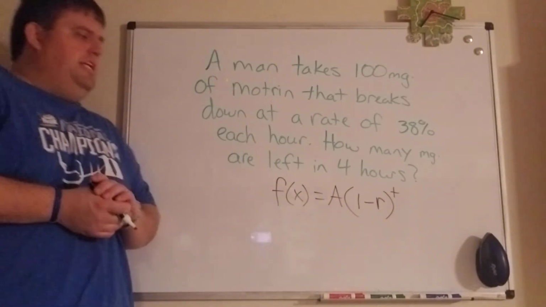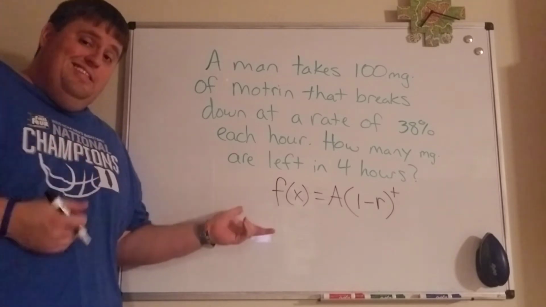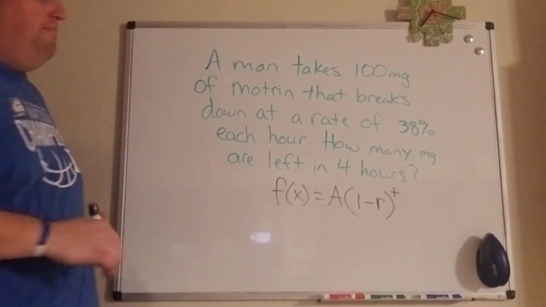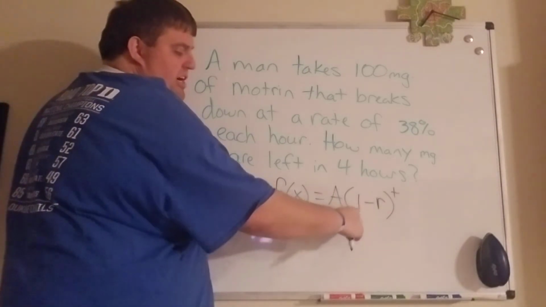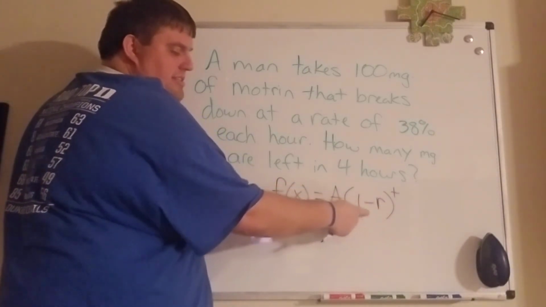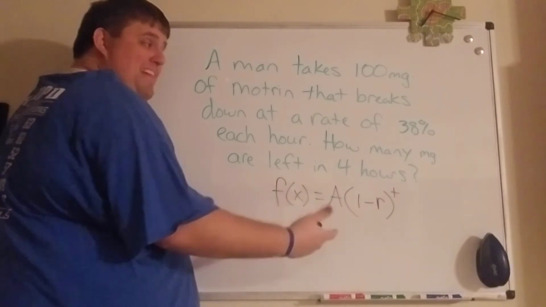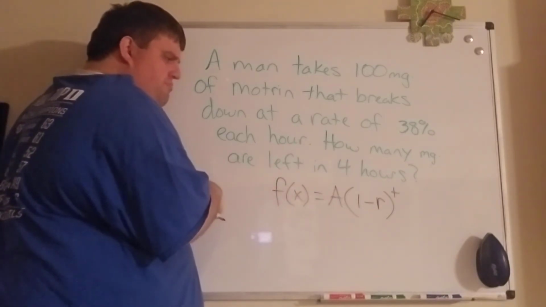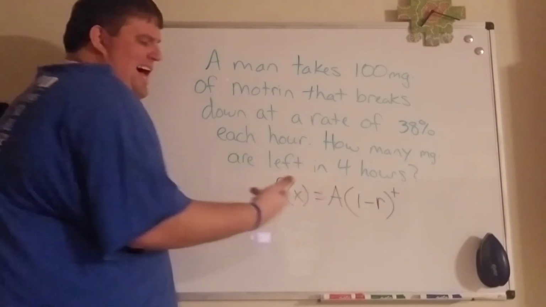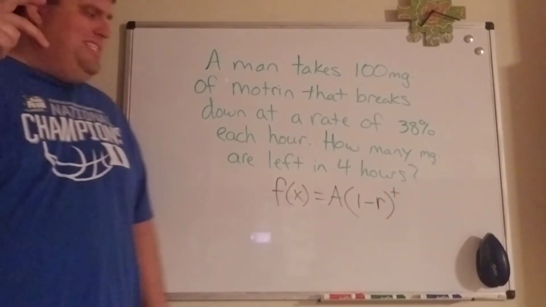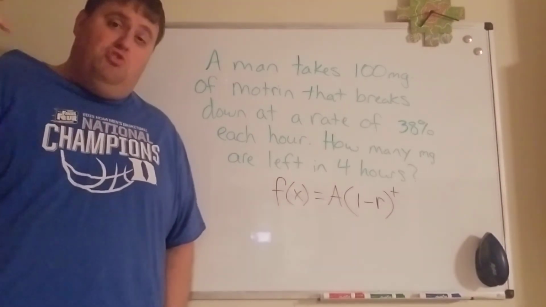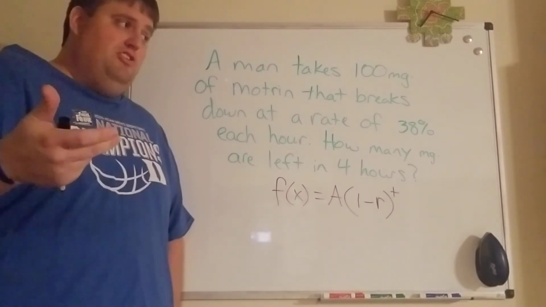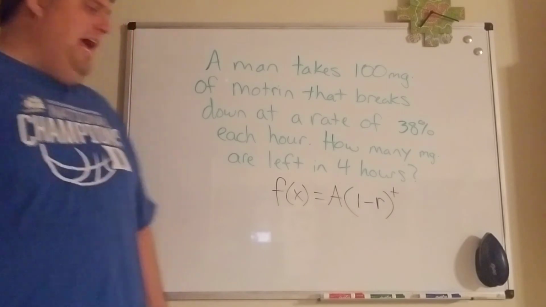What's interesting is you can see where our decay comes from, because we're going to subtract the rate. So it's going to be less than 1 because it's breaking down. What's left on the inside is what percentage of it we have left every hour.